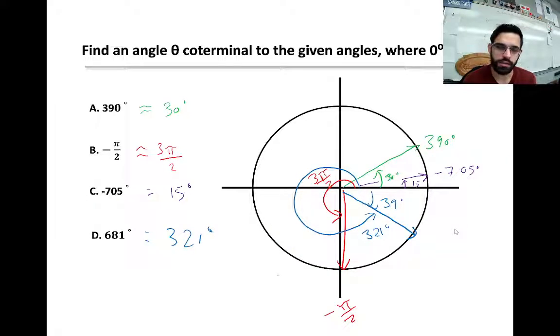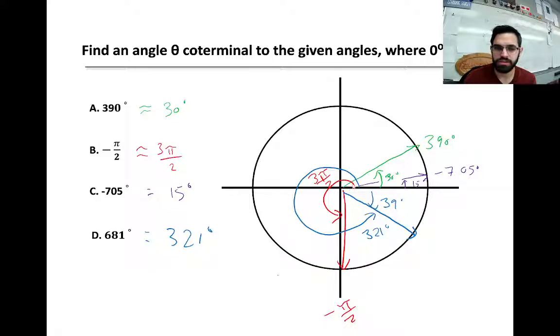Okay, and we can find the coterminal angles for each of those. We've kind of already talked about it in the last slide, so just explicitly saying, here are the coterminal angles between 0 and 360, or in the case of example B, between 0 and 2 pi. 390, if we subtract 360 from it, we're pulling off one rotation, we get to 30 degrees. So that's our coterminal angle between 0 and 360.